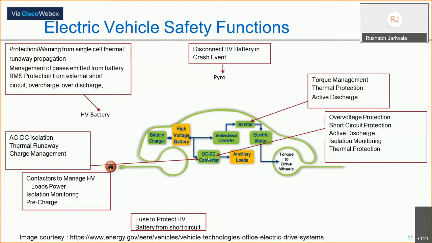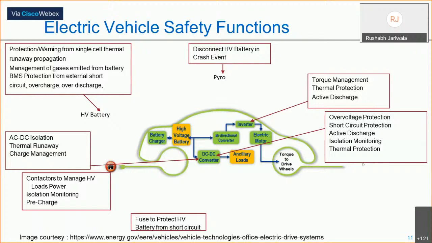And then the other one is, let's go to the OBCs. So OBC, onboard charger, needs to provide protection to the battery management system and HV battery so that it does not charge more than needed.